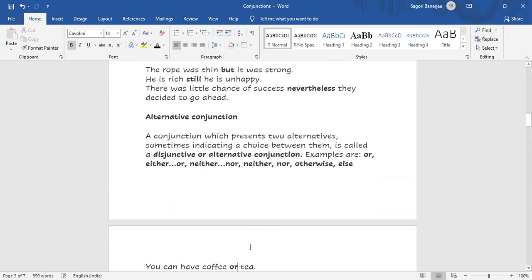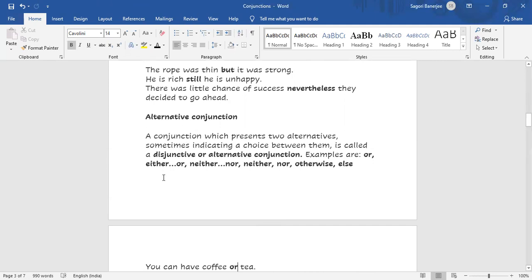Coming to alternative conjunction. What is alternative conjunction? Which presents two alternatives. That means sometimes indicating a choice between them. That means either this or that. That is called alternative. Either this or that. Neither this nor that.